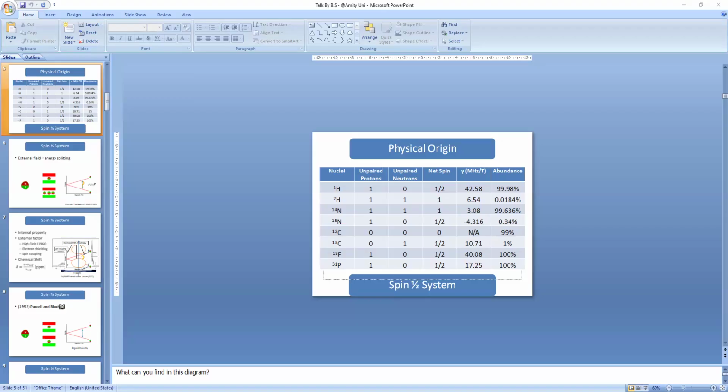And we say there is an equilibrium that is generated, and this equilibrium is shown by a big vector in the B0 direction. What is B0? B0 is the applied field in the Z direction, which is static, which is not changing.